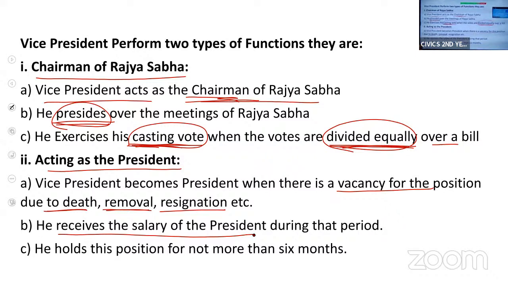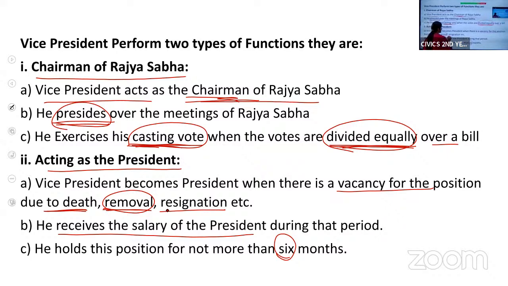For how long can the vice president hold the office of president? Not more than 6 months. If the office is vacant due to death, within 6 months, a new president has to be elected.